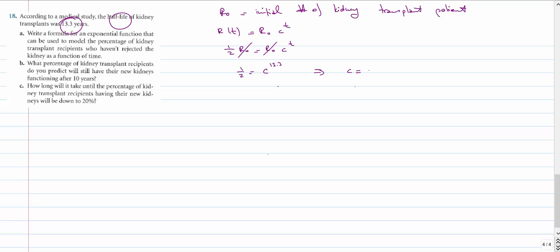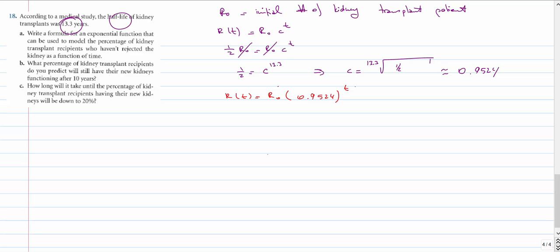So from here, c is equal to 1/2 to the power 1/13.3, and this should be approximately 0.9524. So an exponential function that can be used to model the percentage of kidney transplant recipients would be R of t is equal to initial times decay factor to the power t.